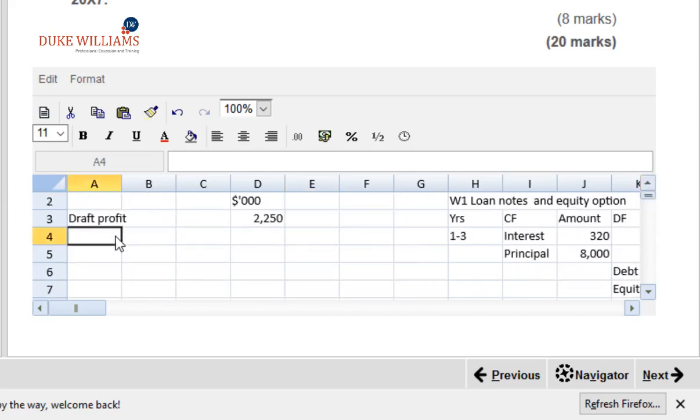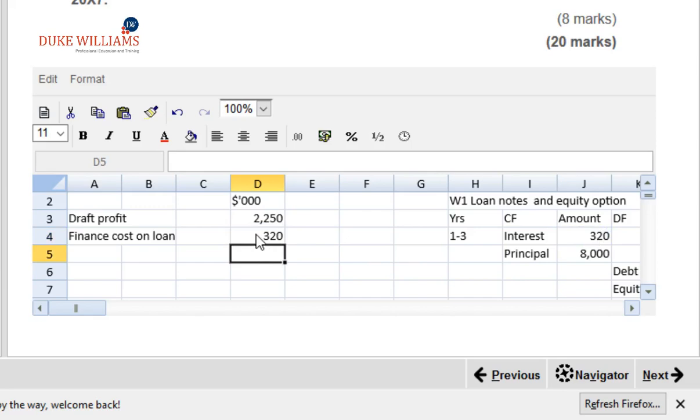So I can come here and say finance cost on loan, and this should be equal to this. Yes.